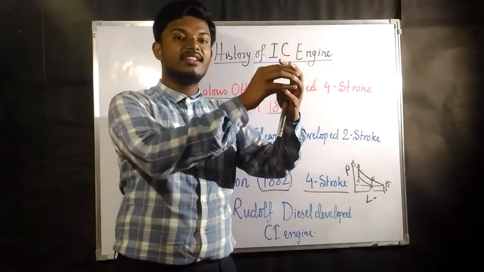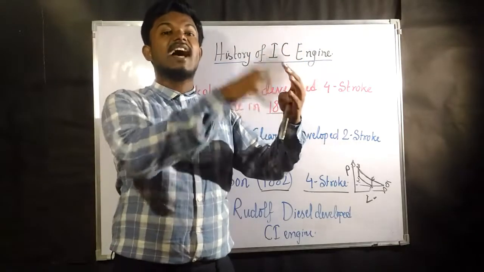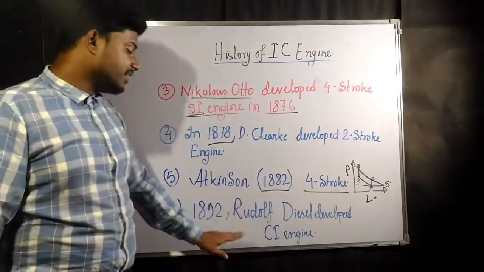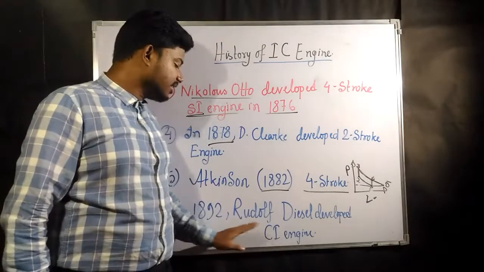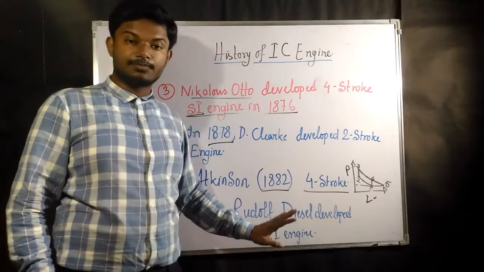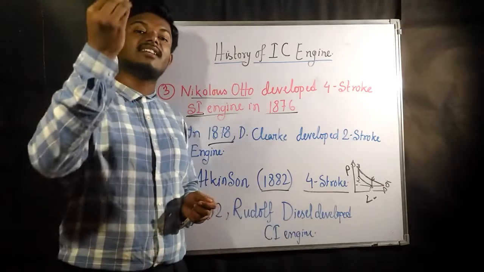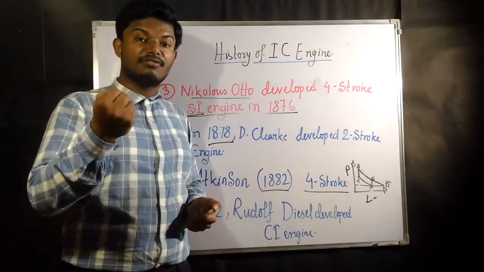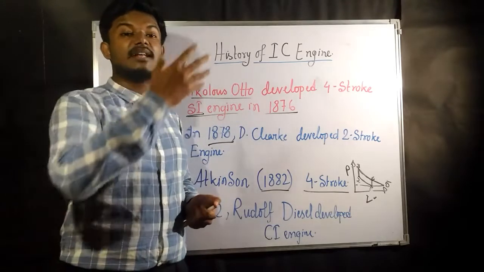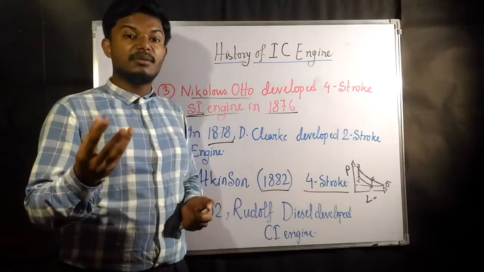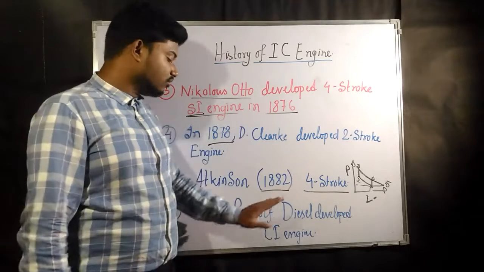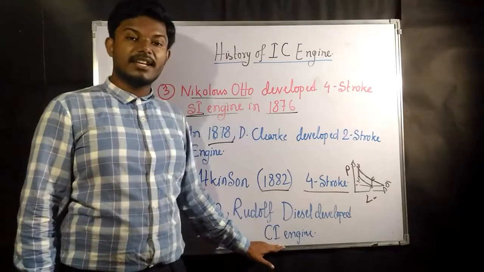If you expose it to surroundings at a temperature higher than its self-ignition temperature, it will automatically combust or burn. That means in the diesel cycle we create a temperature higher than the self-ignition temperature of that particular air-fuel mixture, and once that temperature is reached, the air-fuel mixture inside the cylinder ignites itself. So this is a compression ignition engine.